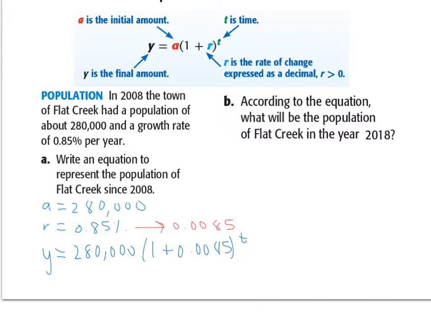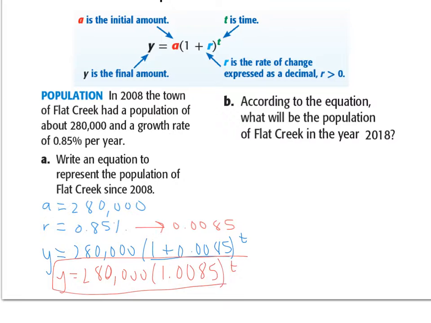Then I can simplify 1 plus 0.0085, and I'll get y equals 280,000 times the quantity 1.0085 to the power of t, and that's my equation to represent the population of Flat Creek since 2008.